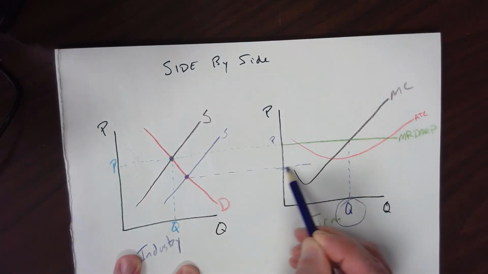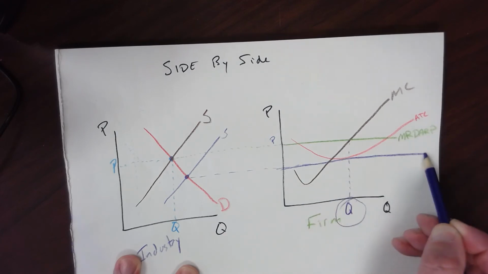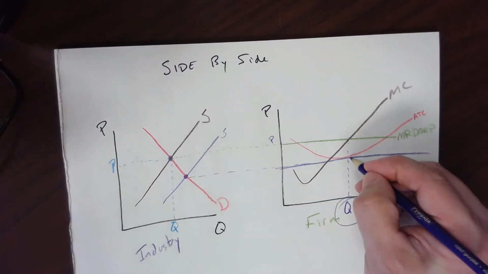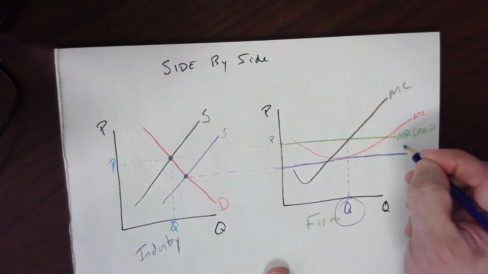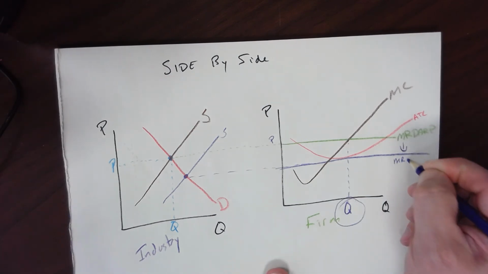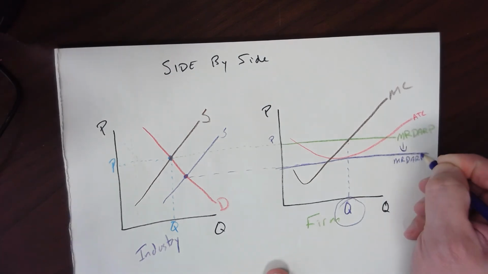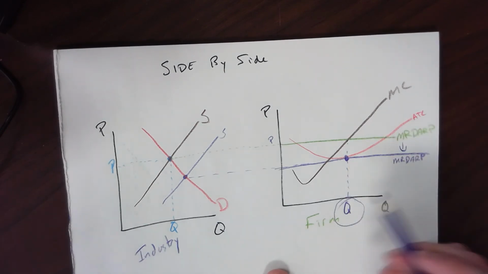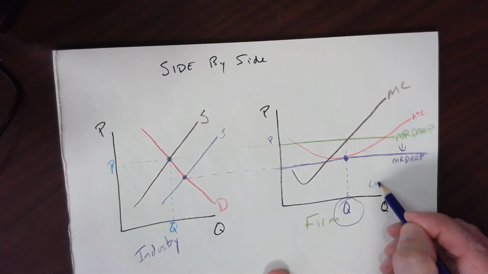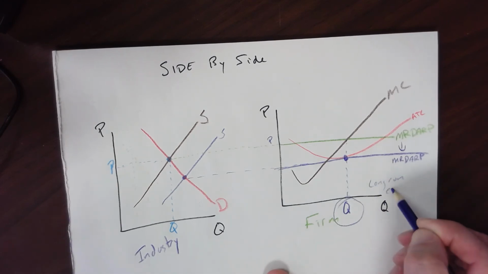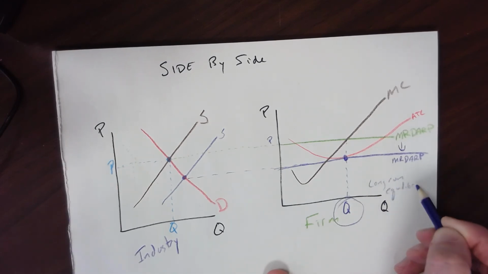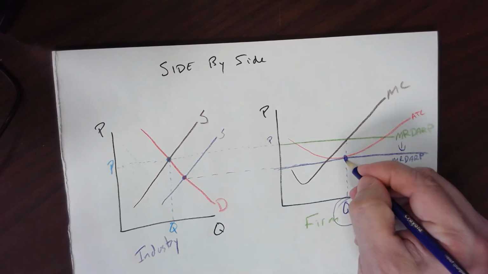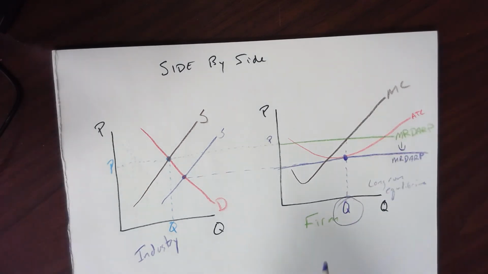DARP line. And I know it's poorly hand drawn, but where ATC meets the new Mr. DARP, if ATC meets Mr. DARP, we are in long run equilibrium, meaning our average total costs are equal to our MR equals MC situation.